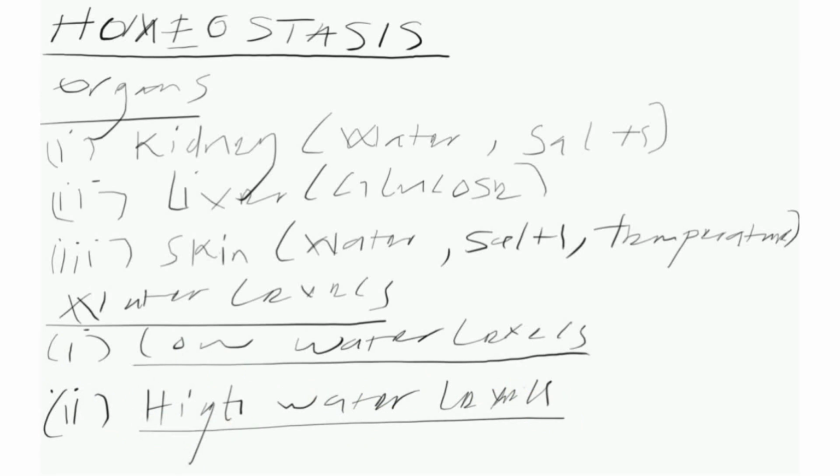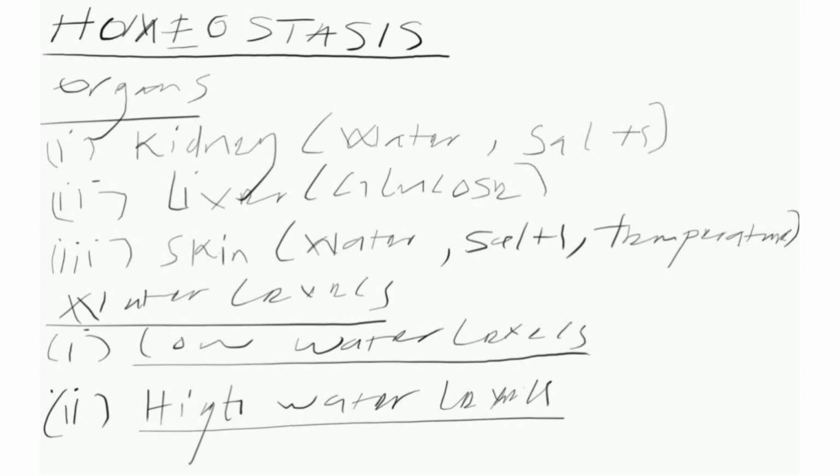And when it is detected that there is high levels of water in the blood, the hypothalamus won't make the pituitary gland produce ADH. The absence of ADH will make the nephrons not be more permeable to water.